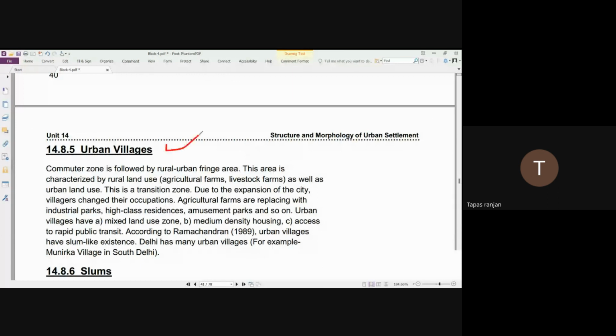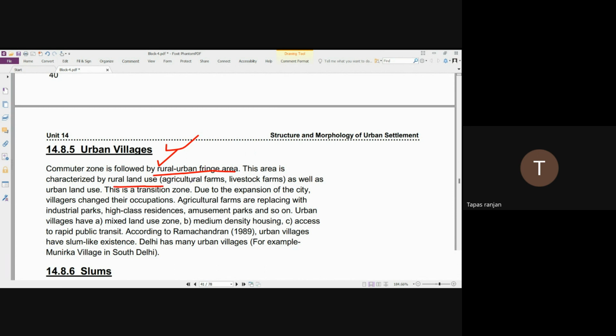Then urban villages. Urban villages are basically the rural urban fringe area. In the previous class also we discussed this fringe area. It is basically a transitional zone between the rural area and the urban area, and it is characterized by rural land use.